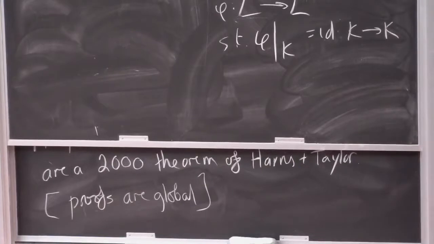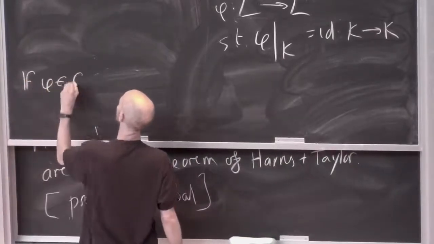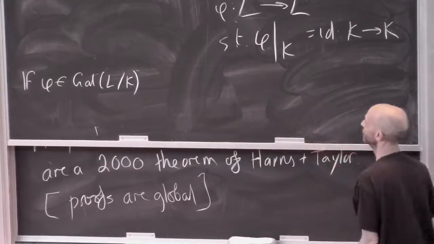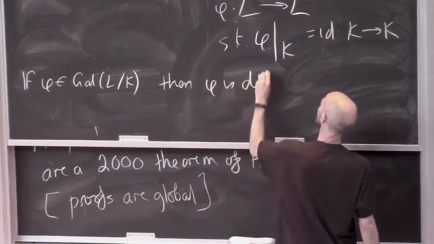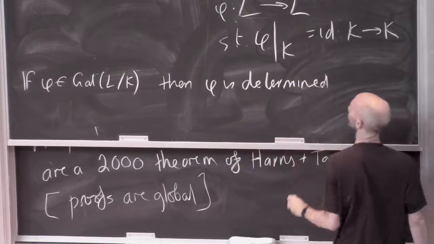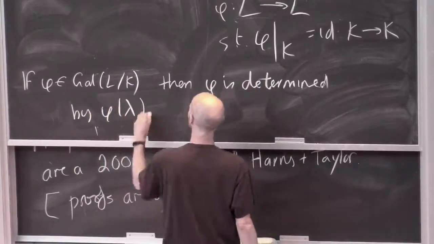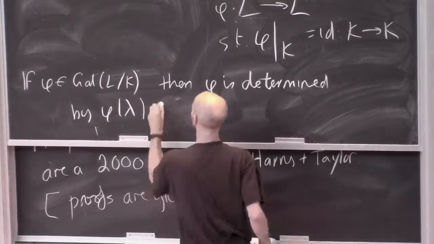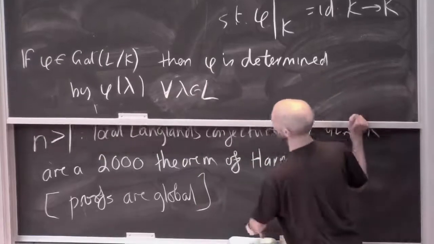So the key observation about this Galois group is that if phi is in Gal(L/K), then of course phi is determined by its values. By definition of a map, phi is determined by phi of lambda, for all lambda in L. A map is no more than a list of what it does to every element.